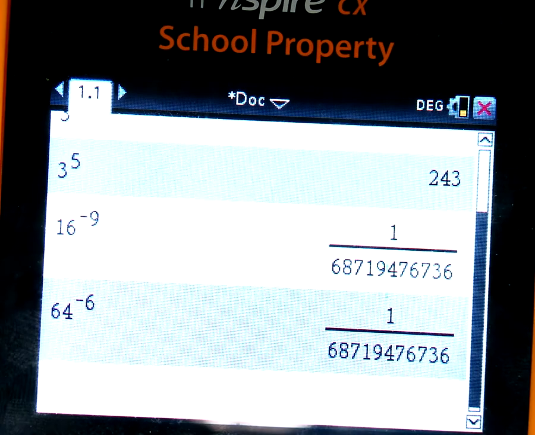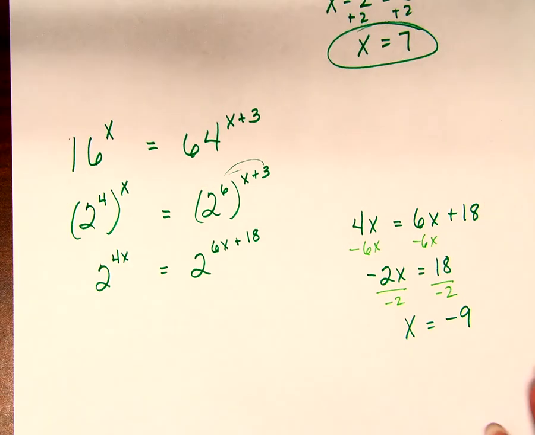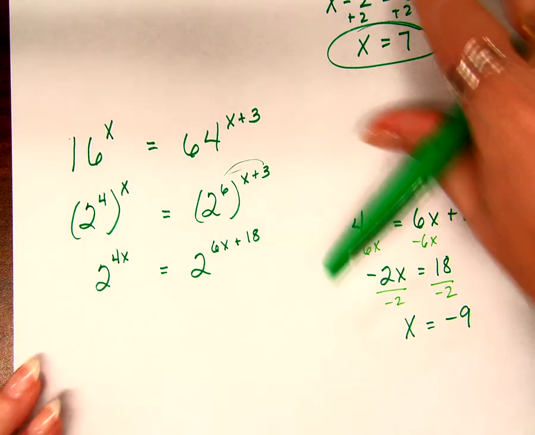It matters that they are the same. So is this the right answer? Yes. It's okay that it's a negative, and it's okay if you get a fraction. Now, is it possible that you're wrong? Yes, absolutely. But don't worry about that. Okay? One more? Okay.